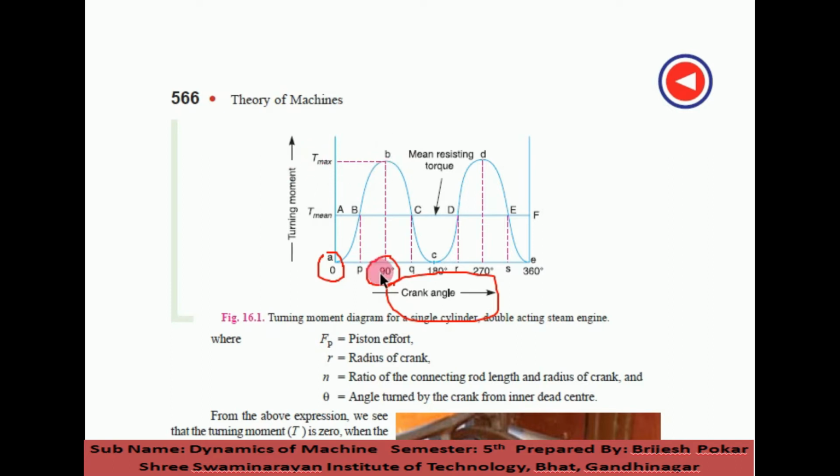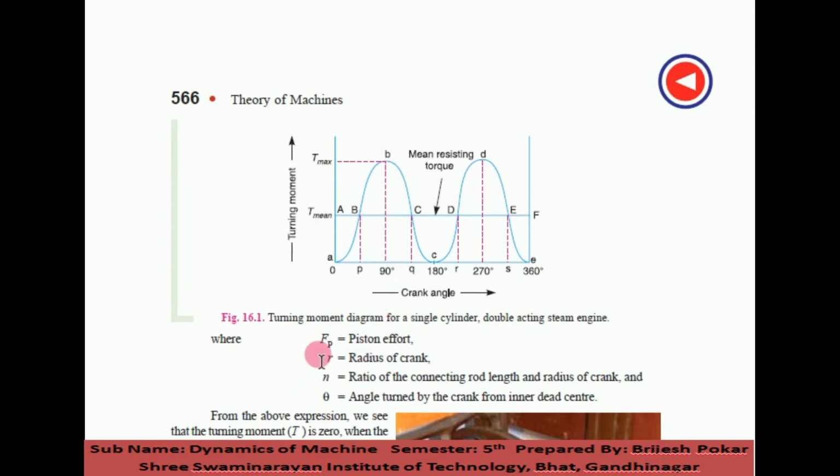Again when the crank goes from 90 to 180 degree, the torque goes down, from B to C, small c, and again to 270 degree it increases and then decreases. So over the total 360 degrees of the crank, we have seen the effort of the crank in the form of turning moment and crank angle. This is called the turning moment diagram.